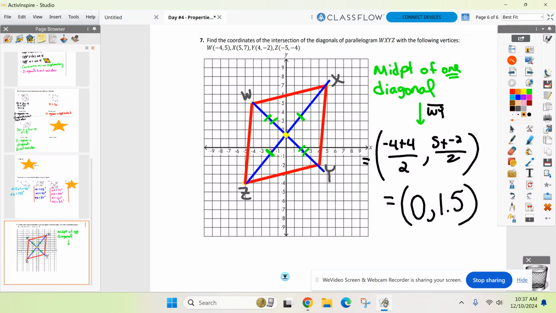If you want to do both, just to ensure you do have the right answer, sure, go ahead. But the midpoint is going to be the same for both diagonals because they bisect each other. And I am getting 0, 1.5, doing the midpoint formula on at least one of them. Okay, add your x's, divide by 2, add your y's, divide by 2.